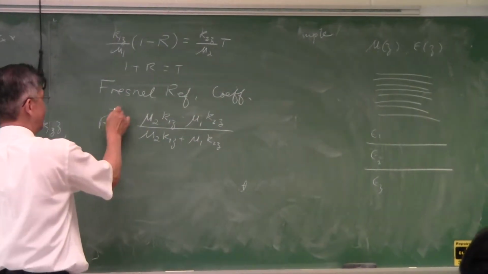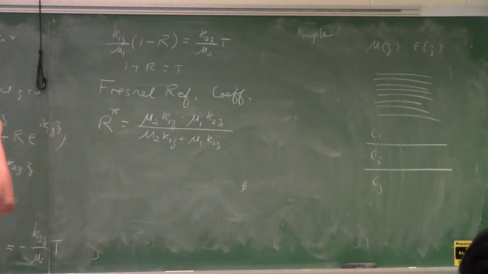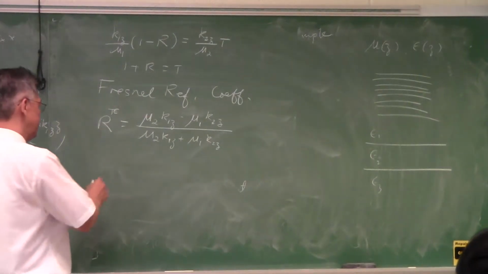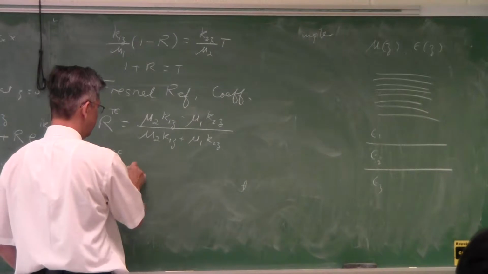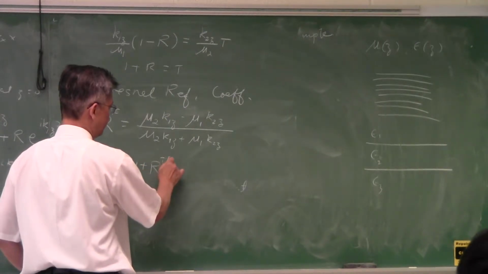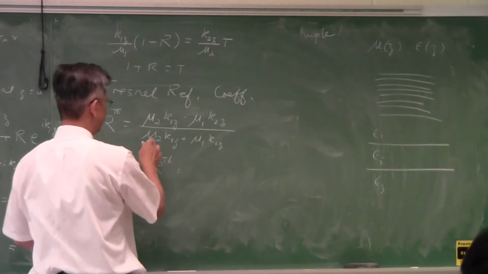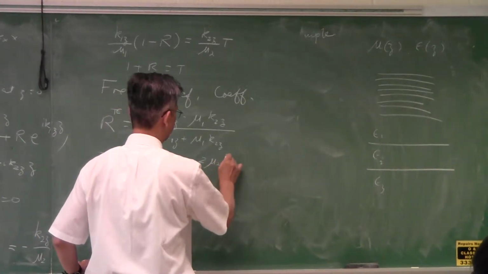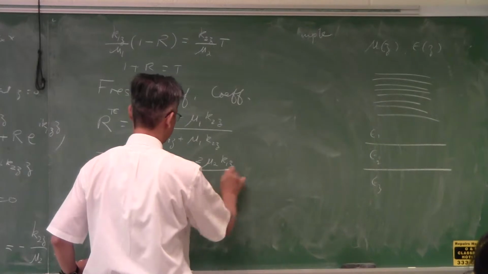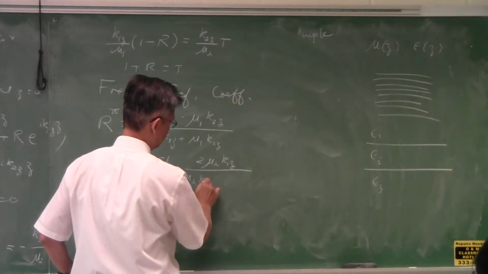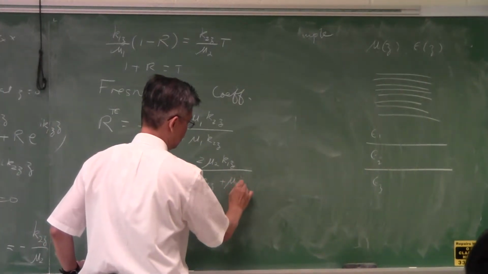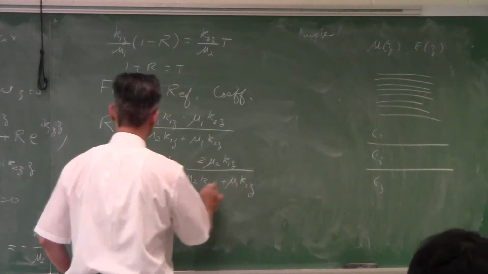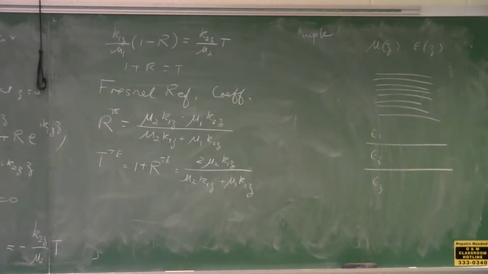These are called the TE reflection coefficient, and oftentimes we just add a superscript TE, and then T^TE is 1 plus R^TE, which is 1 plus this, and this gives me 2 mu_2 k_1z over the same denominator. Okay, so those you have derived before in your undergraduate courses.